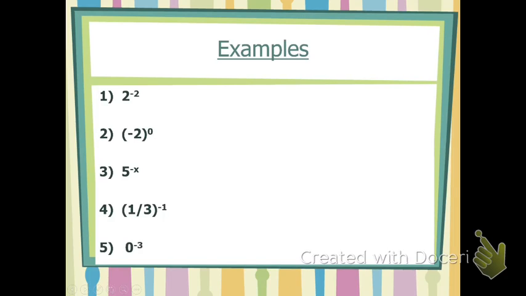So first here, we've got 2 raised to the negative 2. So this is a negative exponent. And you could think of this, I know it's not a fraction right now, but you could think of it as being over 1. So currently the negative exponent is in the top of the fraction. You're going to move it to the bottom of the fraction and make it positive.